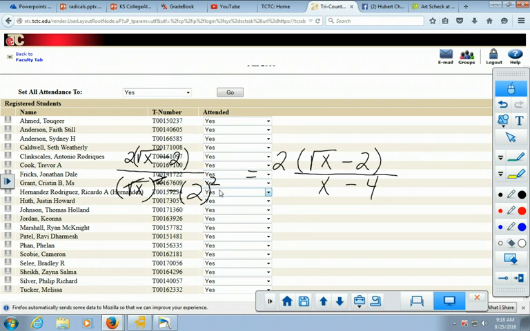Briggs, Grant, Hernandez, Huth, Johnson, Jordan, Marshall, Tail, Fan, Scobie, Selly, sorry. Is it Sealy? Sealy. Shake, Silver, and Tucker. There's the one that's not here. And of course, which one is it? The last one. Murphy's Law.